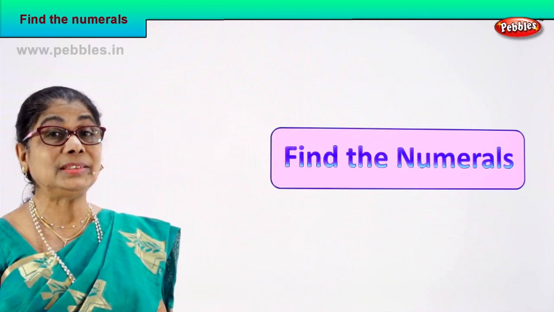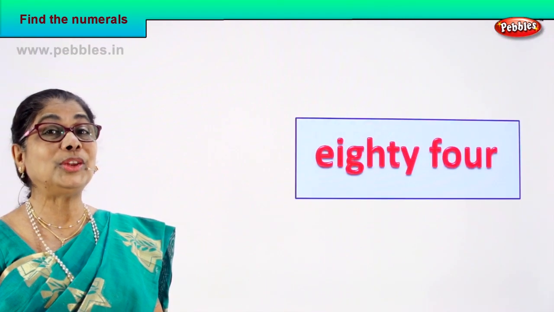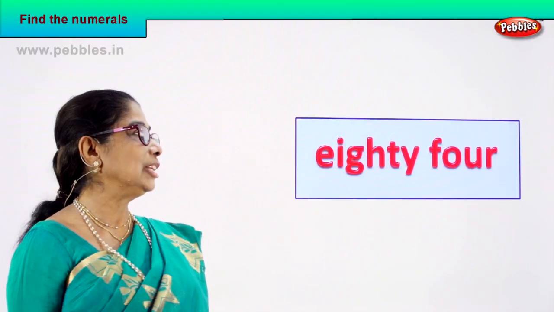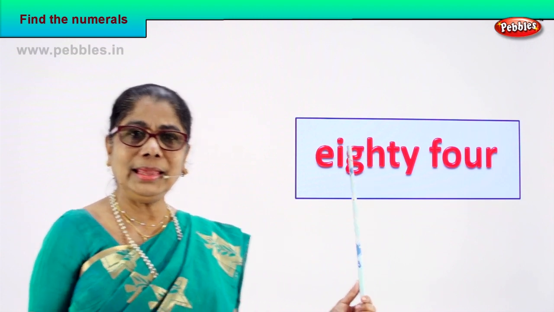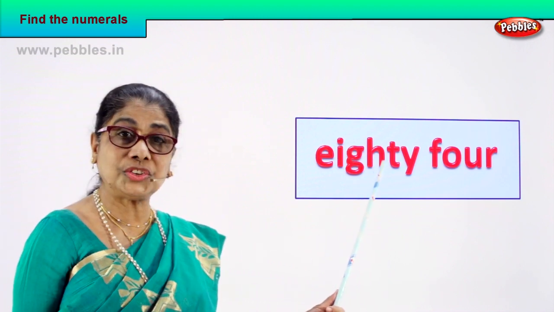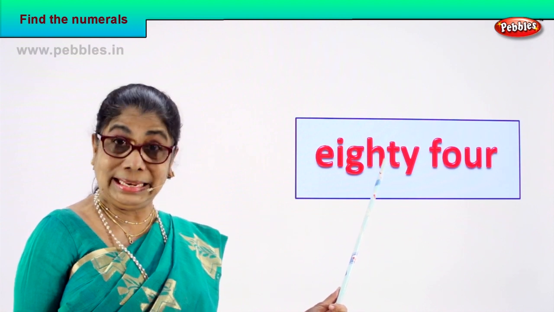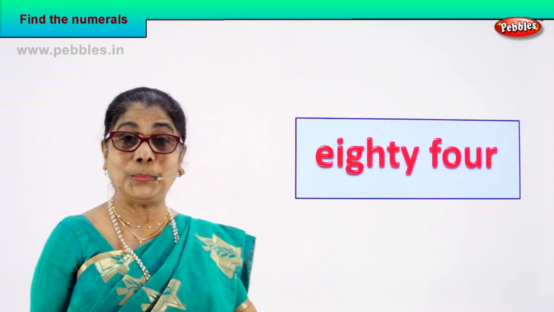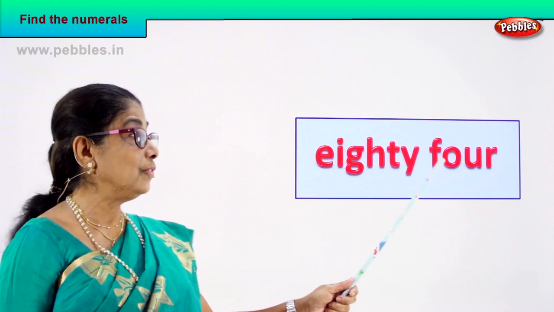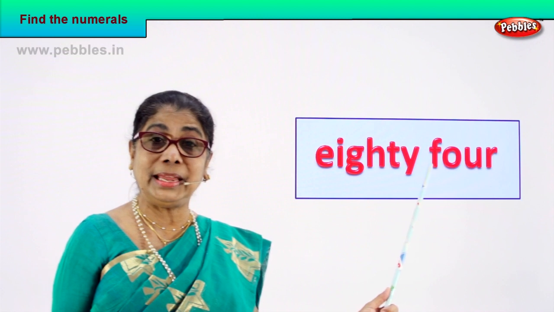Let's look at our first number name so that you can find the numerals for it. What is it? Read. Eighty 80, four 4, 84. Yes, 84. Now this is the number name.